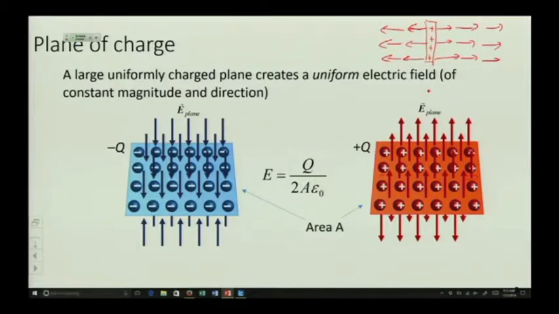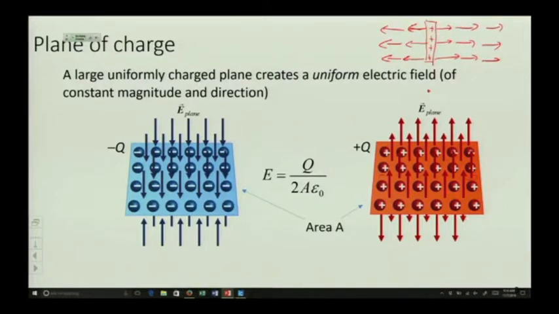There's a factor of 2 here. There's another constant epsilon naught, which I'll explain in a second. But you notice that there is nothing in this formula that talks about a distance from the plane. There is no r, no distance x or y or z from the plane. So this means this field strength is independent of how far you are from the plane.